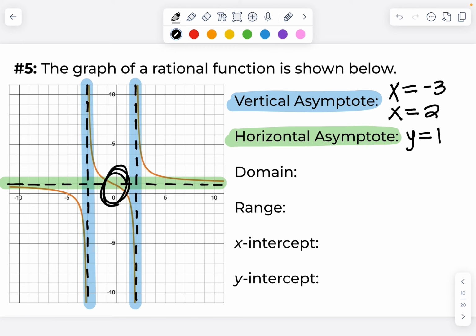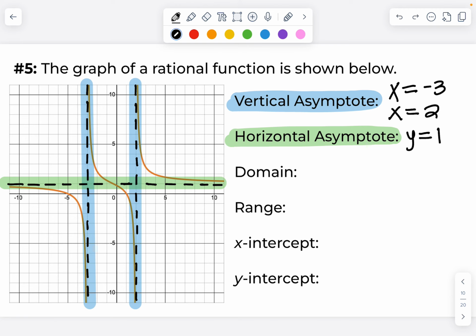The weird thing that can happen is that we might cross the horizontal asymptote. So just know that we can cross horizontal asymptotes around the origin, which is this 0,0. If we're close to x equals 0, we can cross that horizontal asymptote. But if we're looking at the ends of my graph, we're never going to cross the horizontal asymptote. So that's just something weird that happens with horizontal asymptotes.